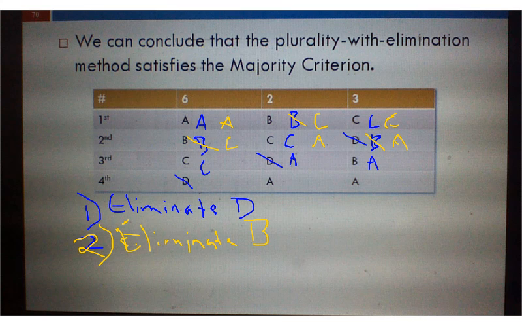Okay. And C's moved up in the ranks with 5 first place votes now that we're at round 3. But A is still the winner because it had the majority to begin with. So A with the 6 out of the 11 first place votes. So in our last round, A is still the winner.